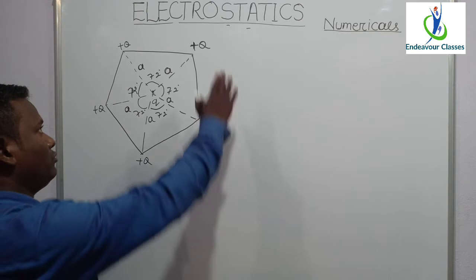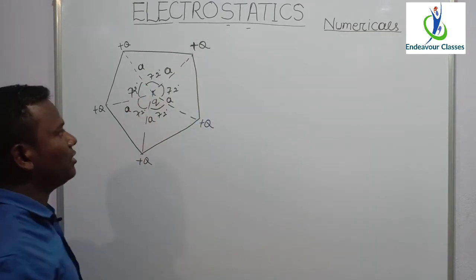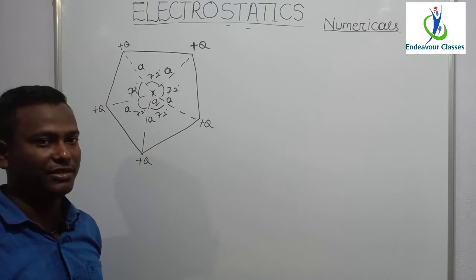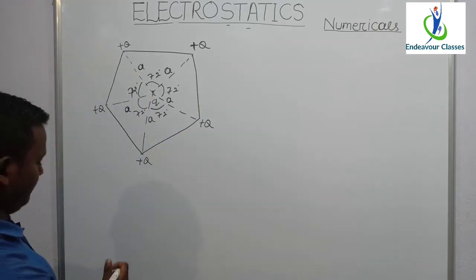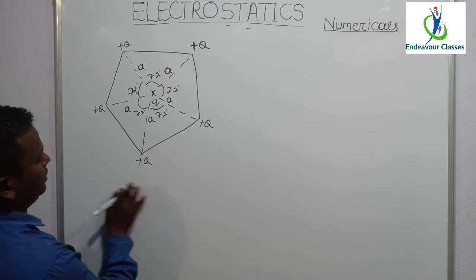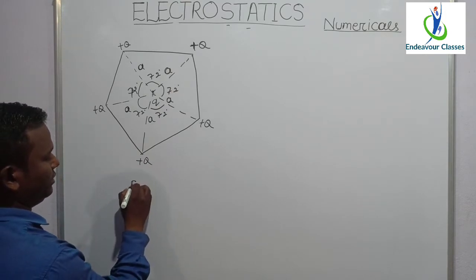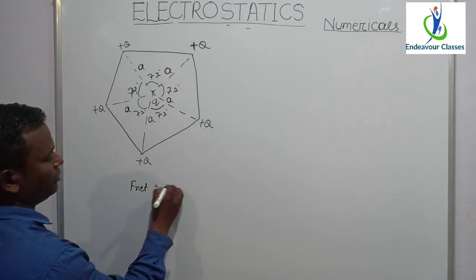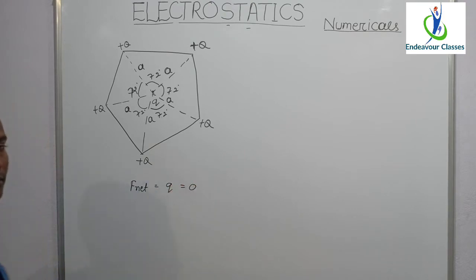If another plus q were there, then the net resultant force on this plus q would have been 0. That means the F net on this plus q should be equal to 0.